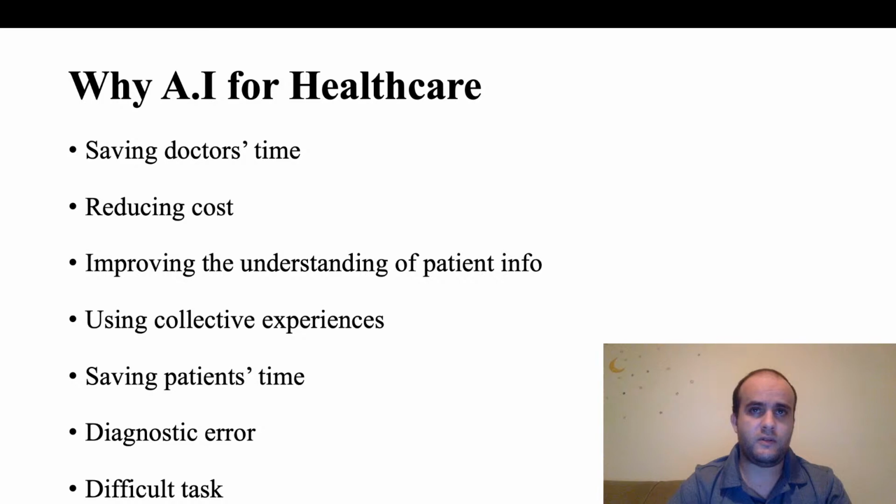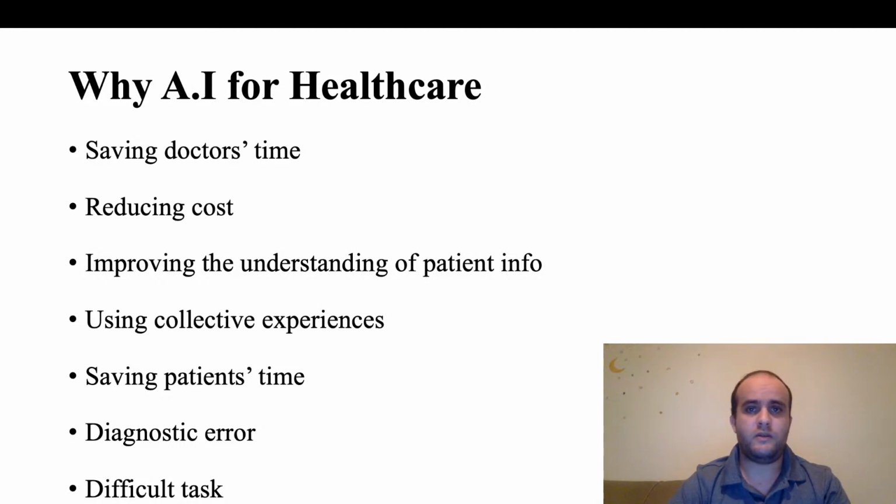Now, if we save a doctor's time, he is going to look after the patient more carefully and with more empathy, with presence, with being a human. Another thing, very common here in the United States, is to reduce the cost.